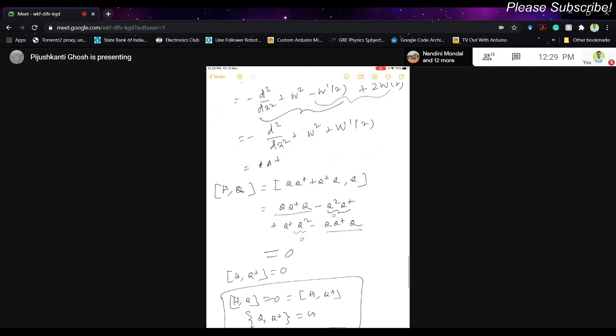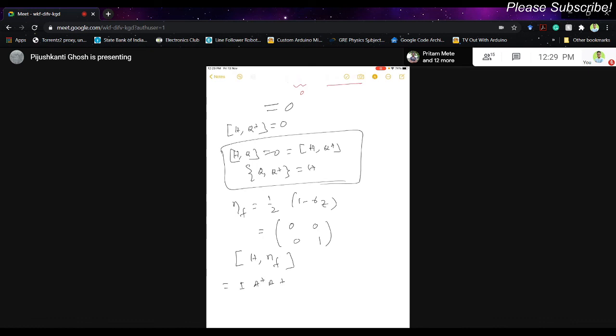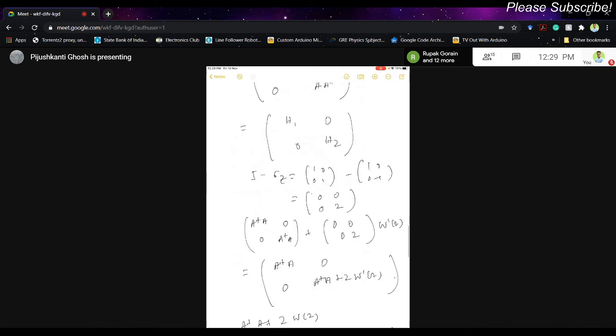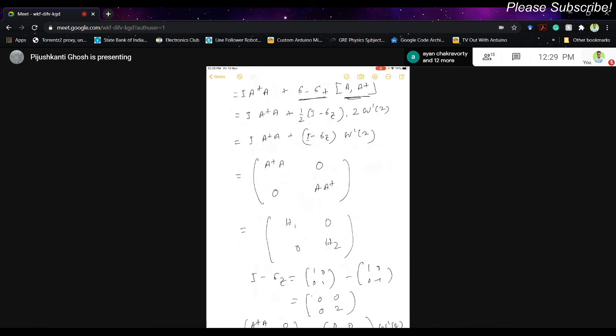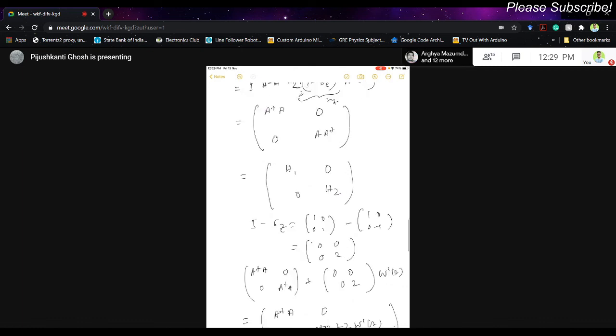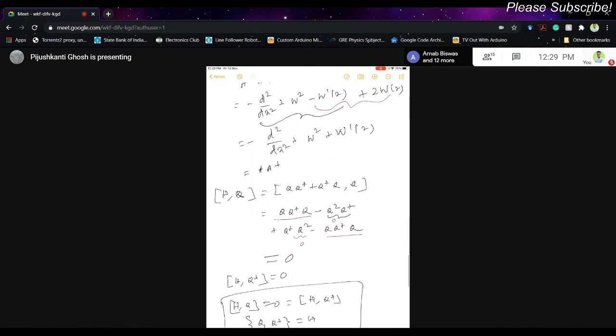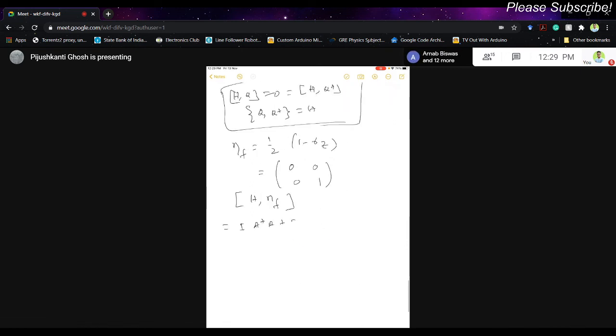H is equal to I A dagger A plus factor, 2 into half, I defined NF, তাই তো, তাহলে আমি লিখতে পারি 2 NF omega prime x. NF commutes with H, so this is equal to 0.